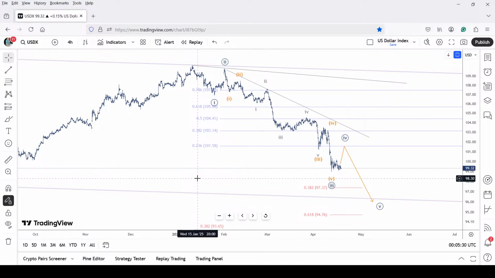So we're still not done. Bears are still not done with their five-wave drop in the dollar index, and on the other hand, euro bulls are still not complete or done with an impulse rally. All right, so let's not be in a hurry.